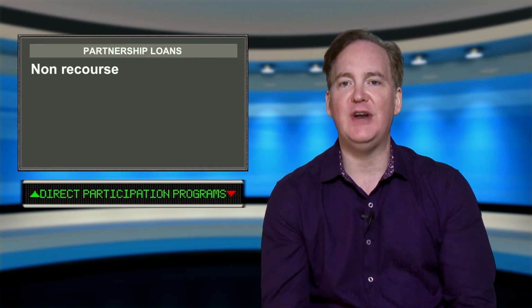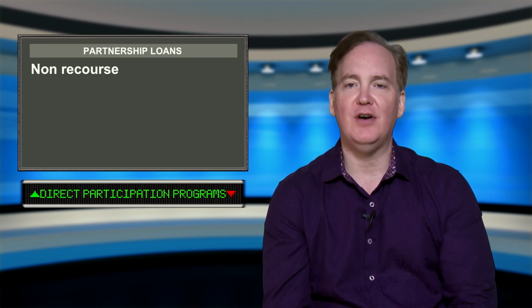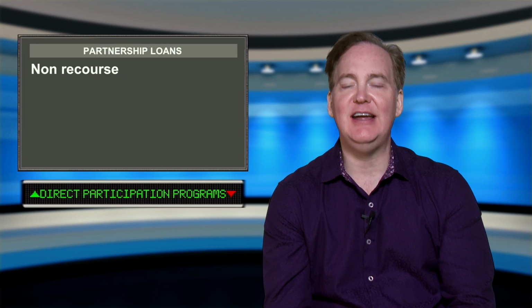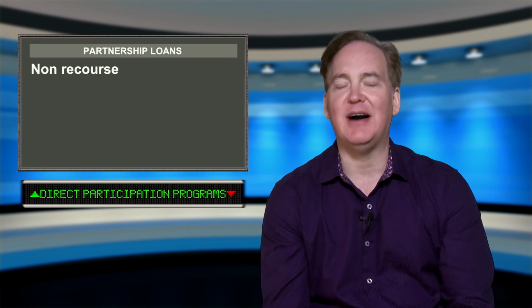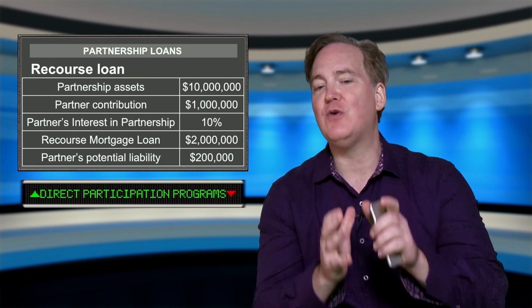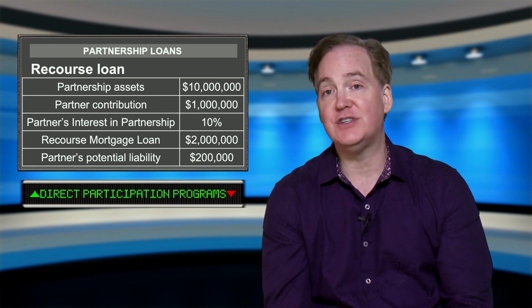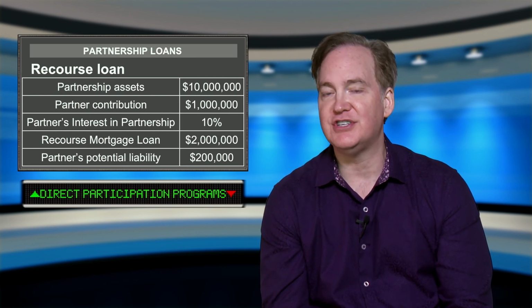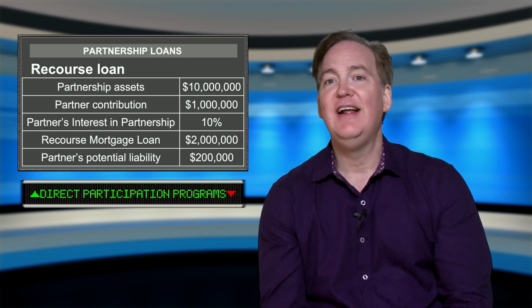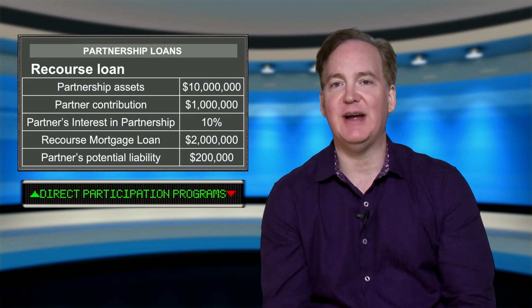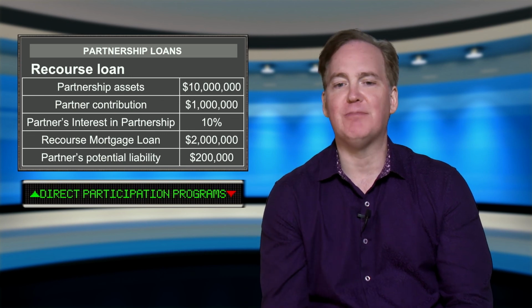Because they have no recourse, the limited partners have no responsibility for the repayment of the debt, and their liability is only limited to the amount of money they had placed in the partnership. Now, with a recourse loan, the lender has recourse to the limited partners. And with the recourse loan, that recourse can increase the investor's cost base for the partnership program.